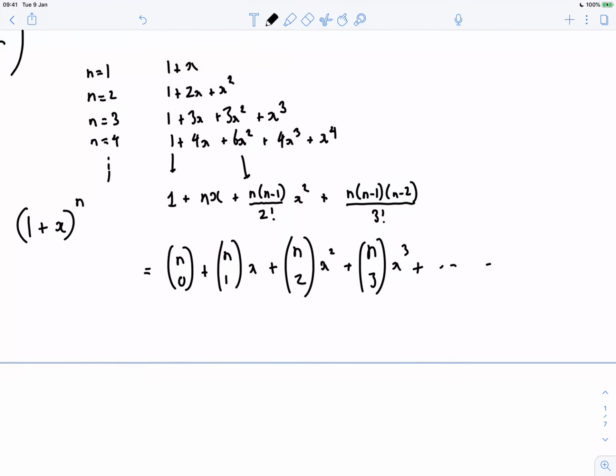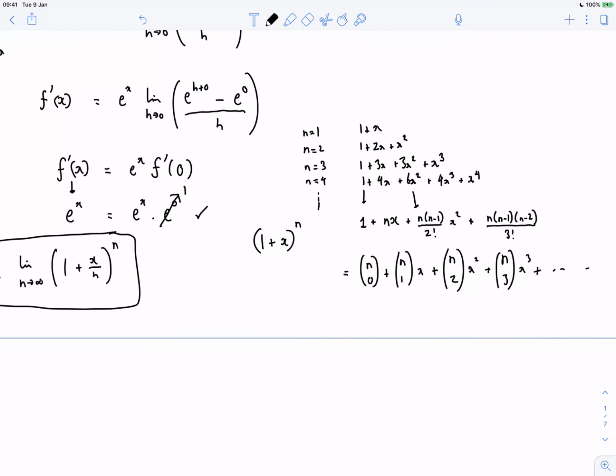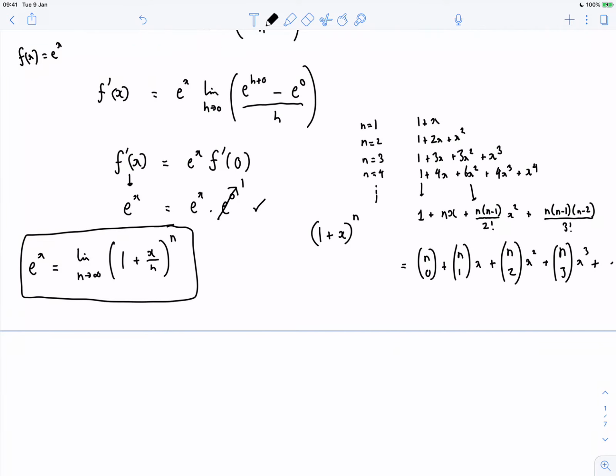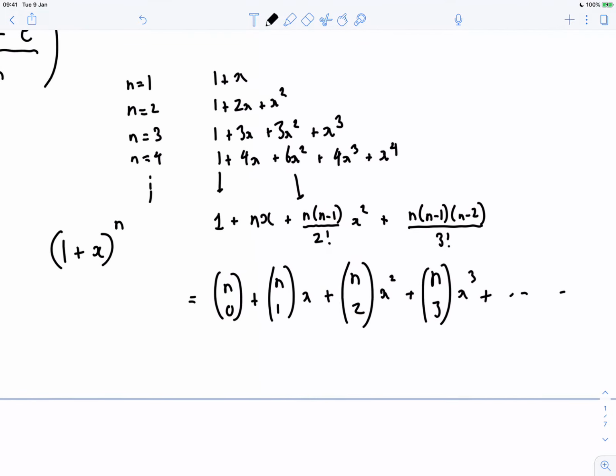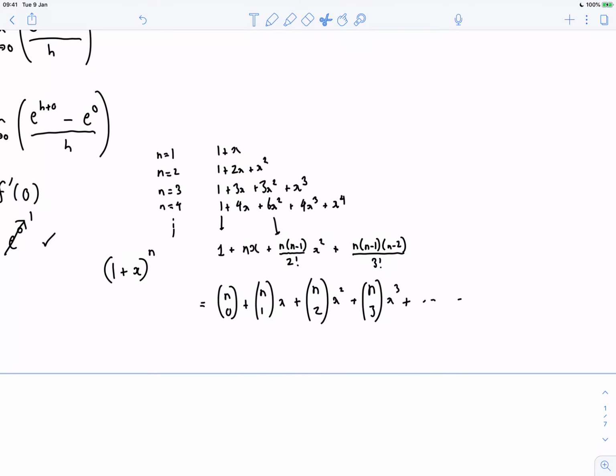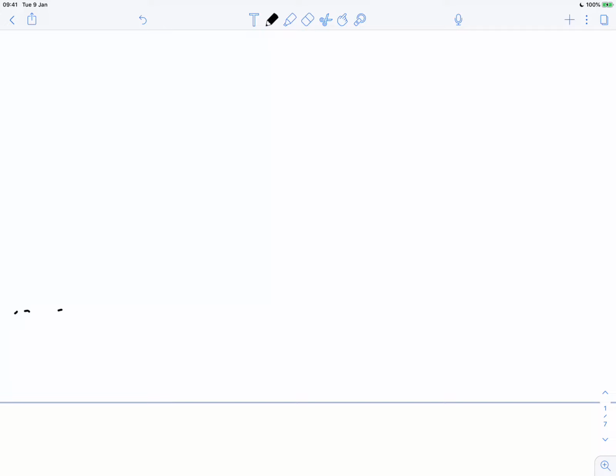Now, if I look at what I'm claiming it to be with the exponential function, let n tend to infinity, right? Then what do I have? Well, what did I say? I said the limit as n tends to infinity of 1 plus x over n to the power n.